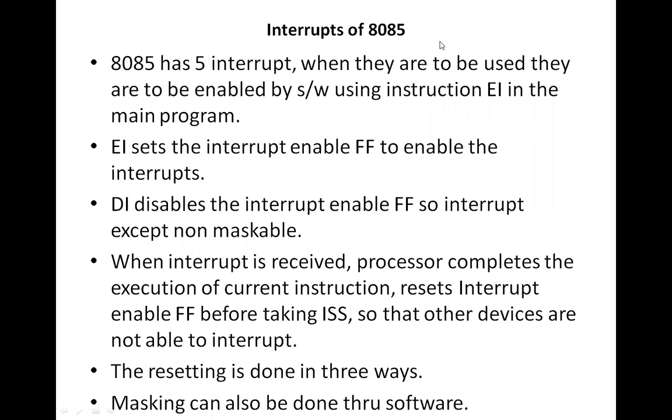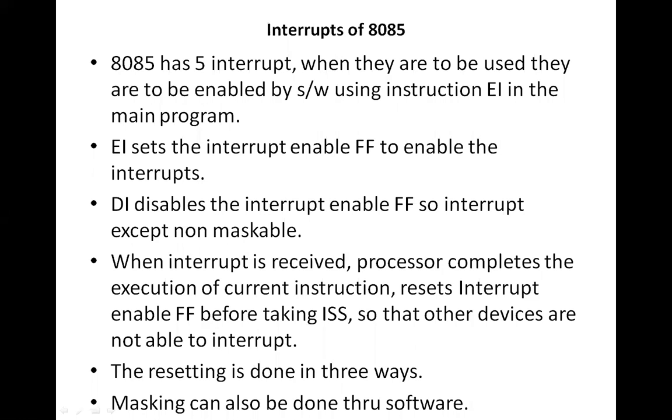The second way is that while the processor is entertaining one device which has interrupted, it automatically resets the interrupt enable flip-flop. And the third way of resetting the interrupt enable flip-flop is by resetting the microprocessor. So these are the 3 ways by which this resetting can be done.